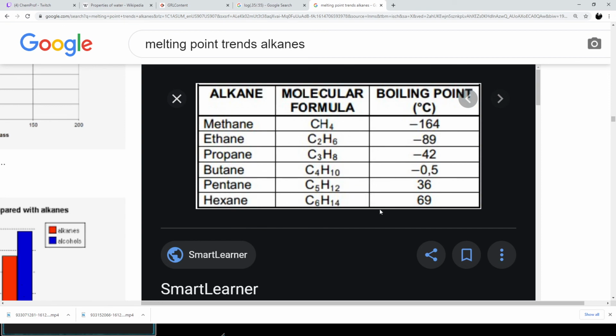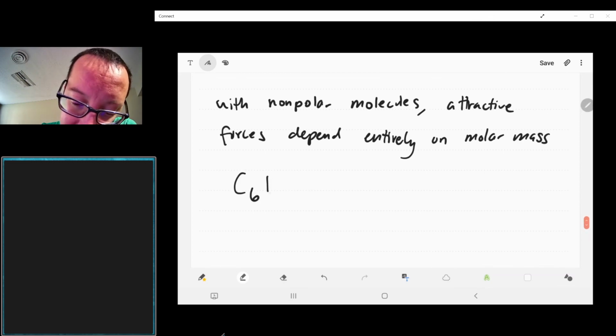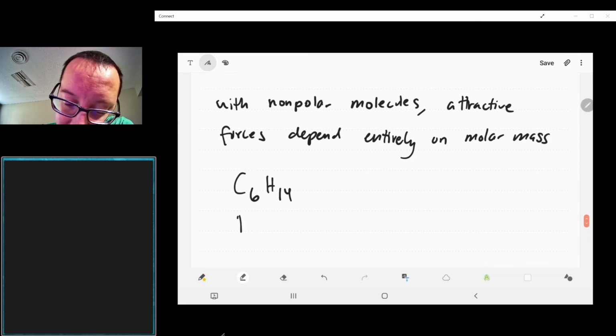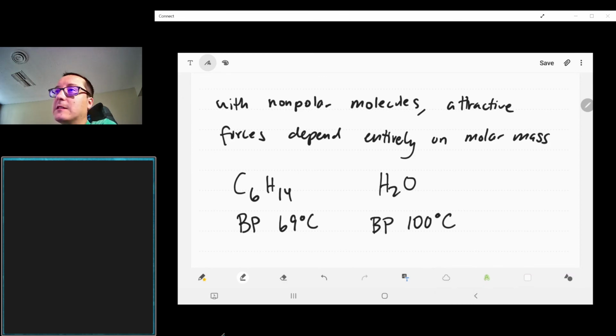So notice this hexane here, C6H14, 6 carbons, 14 hydrogens, only has a boiling point of 69 degrees. Interesting. Our good friend water has a boiling point of 100 degrees Celsius.